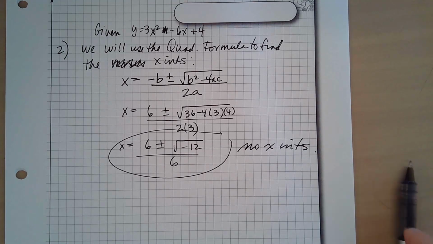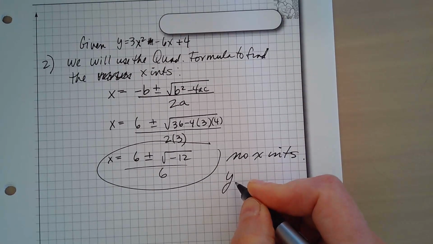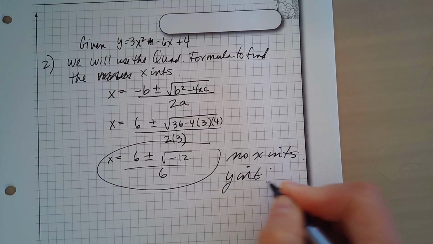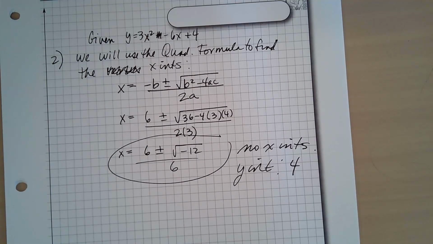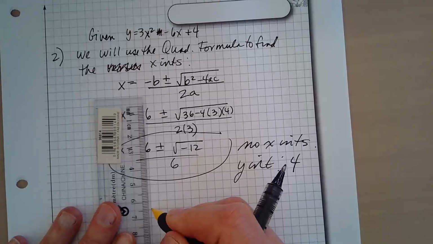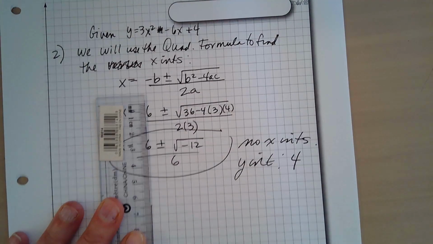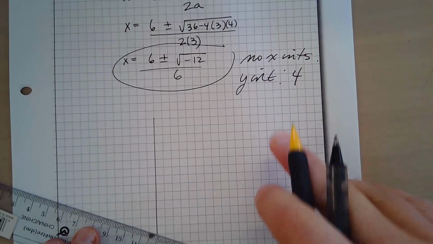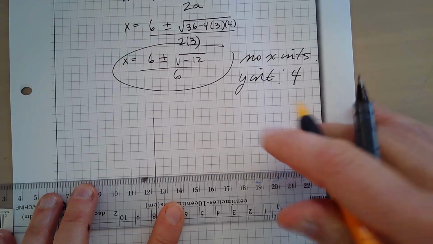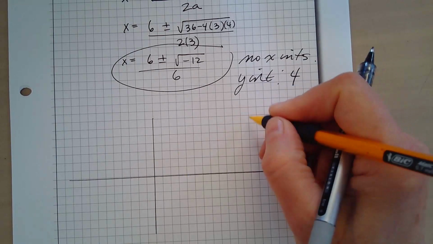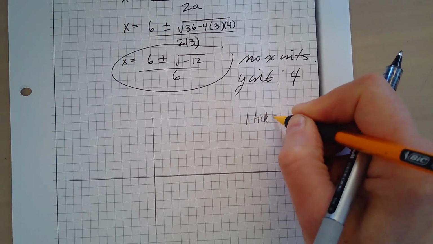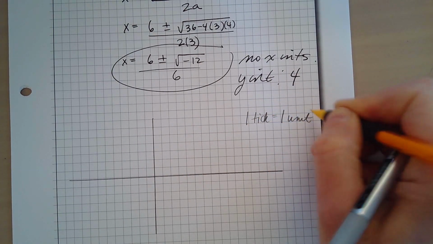Okay, so no x-intercept. My y-intercept in this form is easy to see. It's just 4, so that's good. And then we also have to find the vertex, right? And Eduardo, you already did that. I know you used your slick minus b over 2a. Once you find the x value for the vertex, you substitute it back into the original equation to get your y.